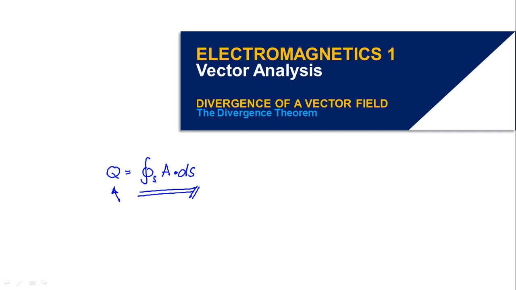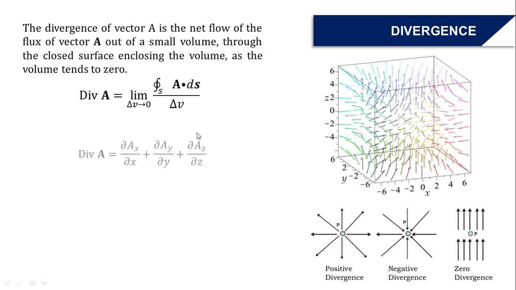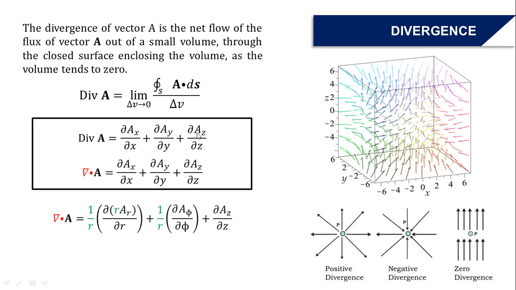So siguro i-define na natin yung divergence given tong mga example natin na to. So the divergence of a vector A is the net flow of the flux of vector A out of a small volume through the closed surface enclosing the volume as the volume tends to zero.